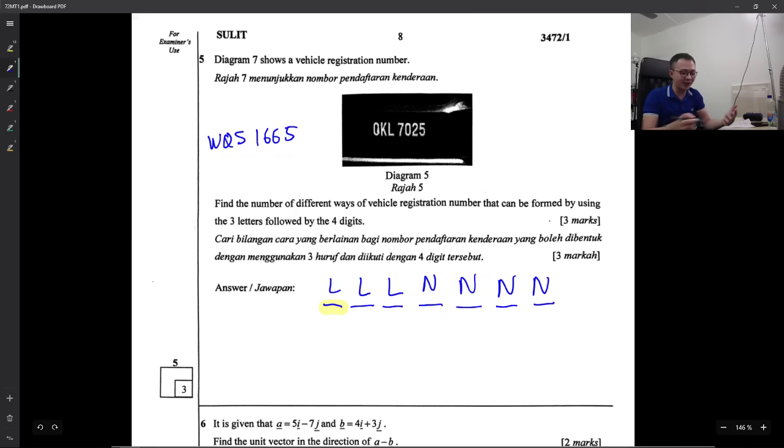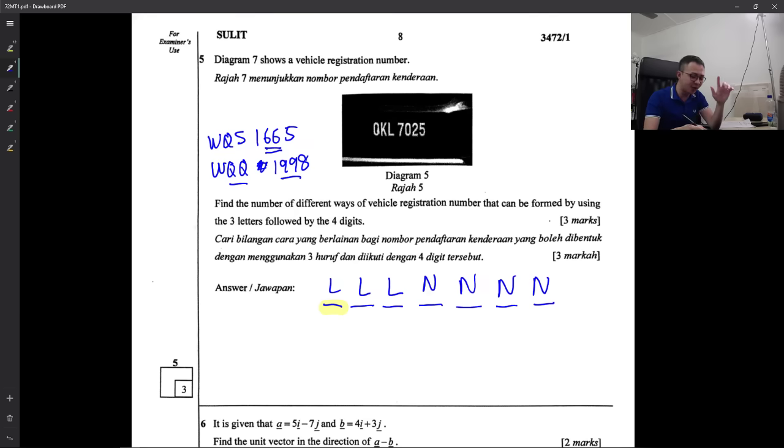Yeah, this is just a random car number to give you some idea. First thing is, we know for car numbers, the letters can be repeated. We can even have WQQ, maybe WQQ 1998. Yeah, we know letters and numbers can also repeat for any car number.